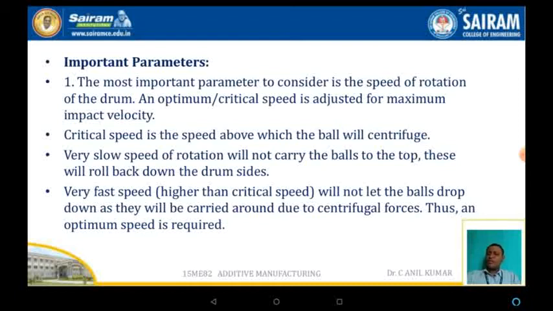A very slow speed of rotation will not carry the ball to the top. The ball will roll back or roll down the drum sides. Very high speeds will not let the ball drop down, as it will be carried around the drum due to the centrifugal force. Thus, the optimum speed is essential for ball milling.